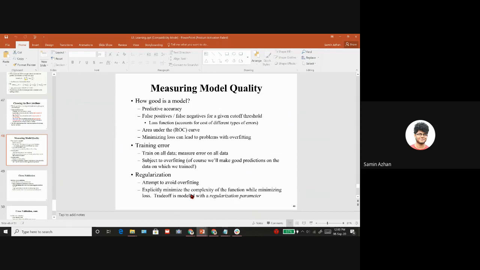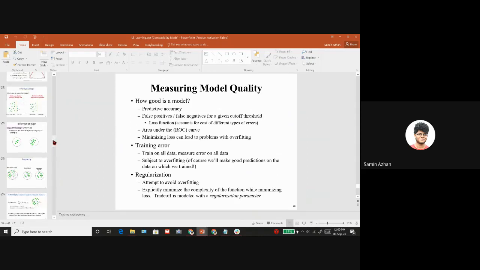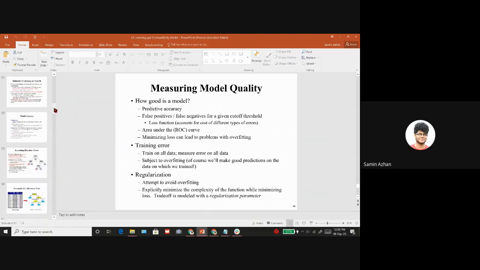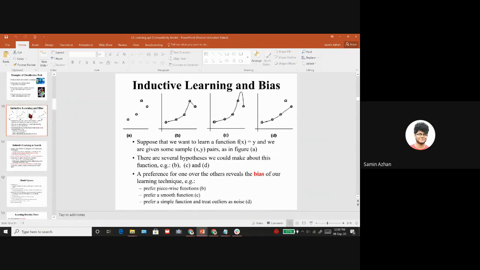A better example would be this one. Let's say your data sets are like this. If you choose something like D, that's pretty much a straight line. So this is choosing simplicity over accuracy.